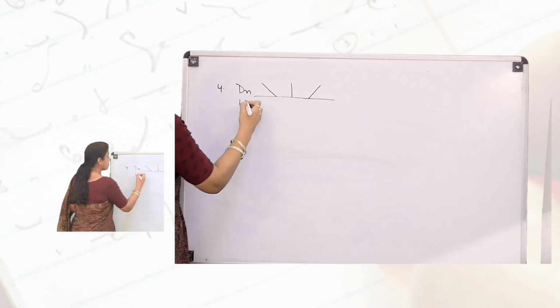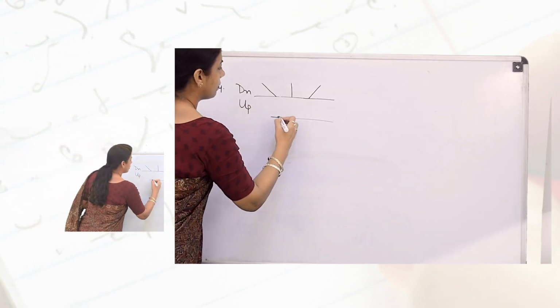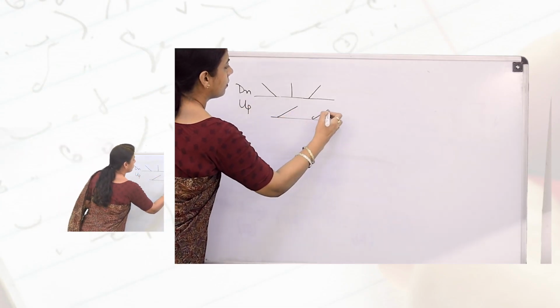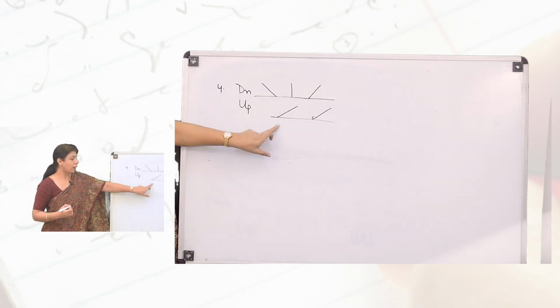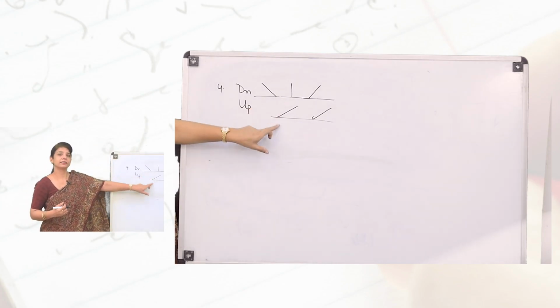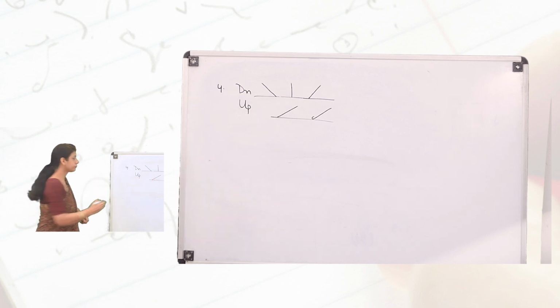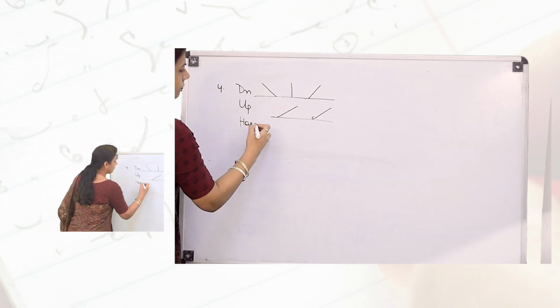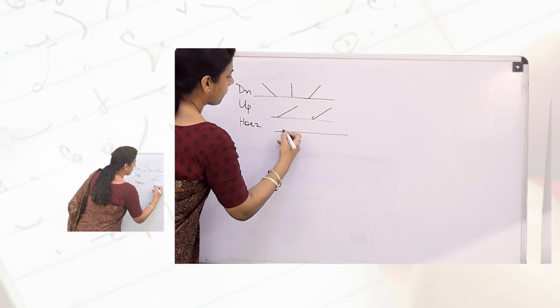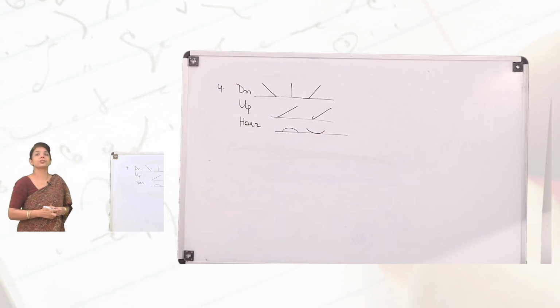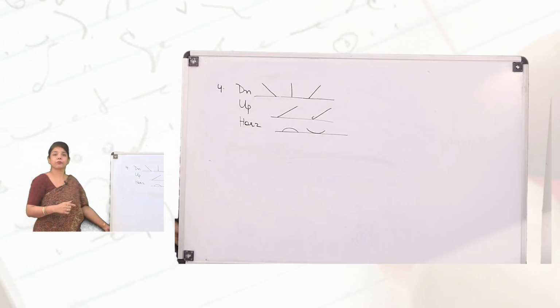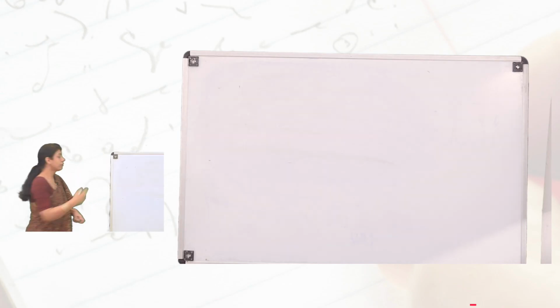If we are making an upstroke, we have to make sure that we use only the upward direction to make it, that is from bottom to top. And for horizontals, we need to maintain the direction from left to right only.